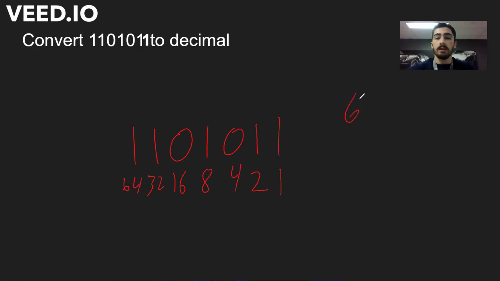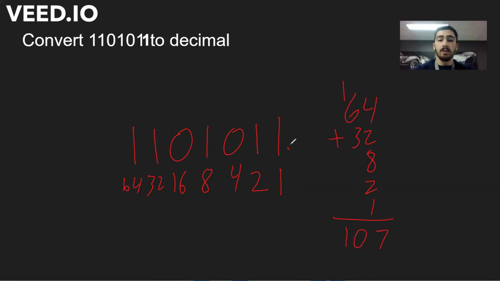It's very simple. 64 plus 32. There's not a 1 above 16, so we don't include it. 8, not 1 above the 4, 2, and 1. So if we add all these numbers together, we're going to get 107. So that is indeed the representation of 107 in binary.